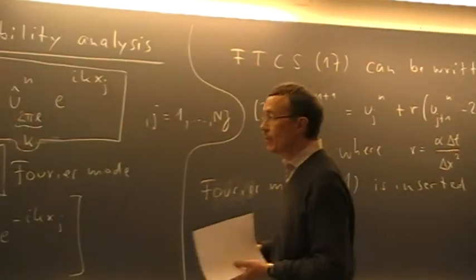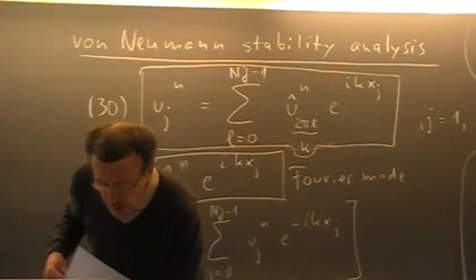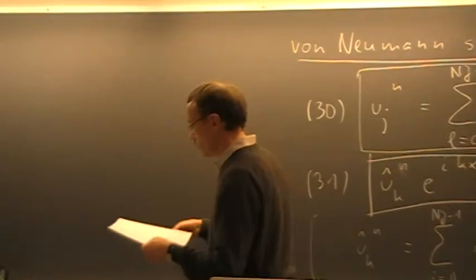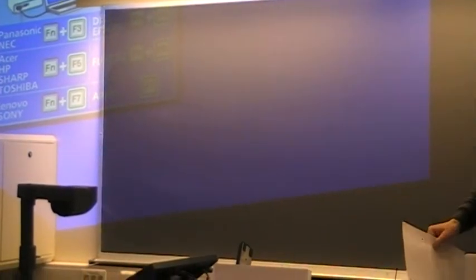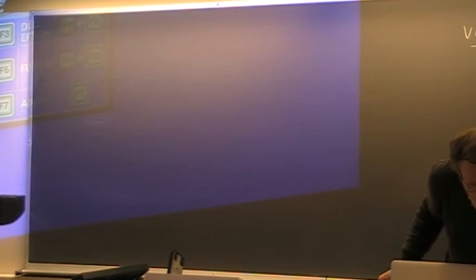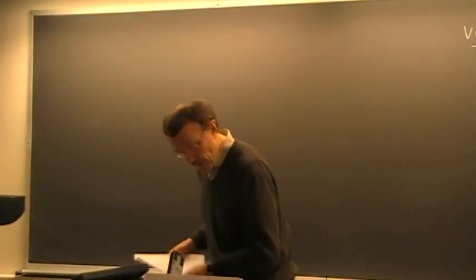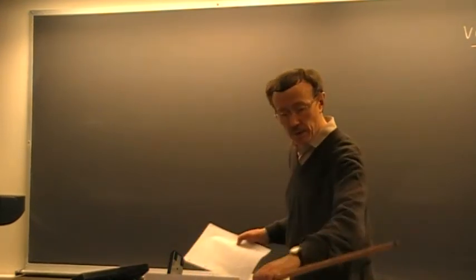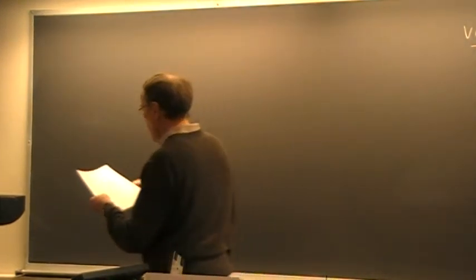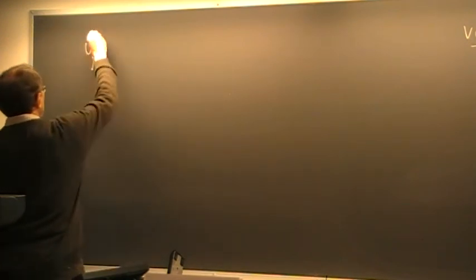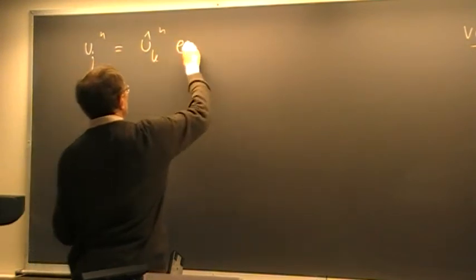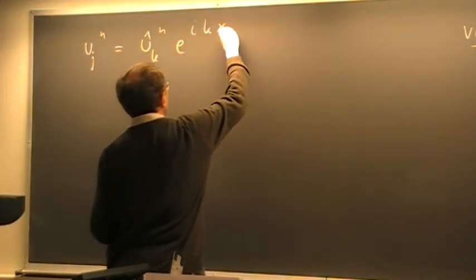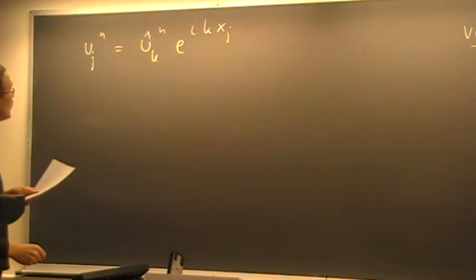So what we do is we replace the ujn by the Fourier mode.